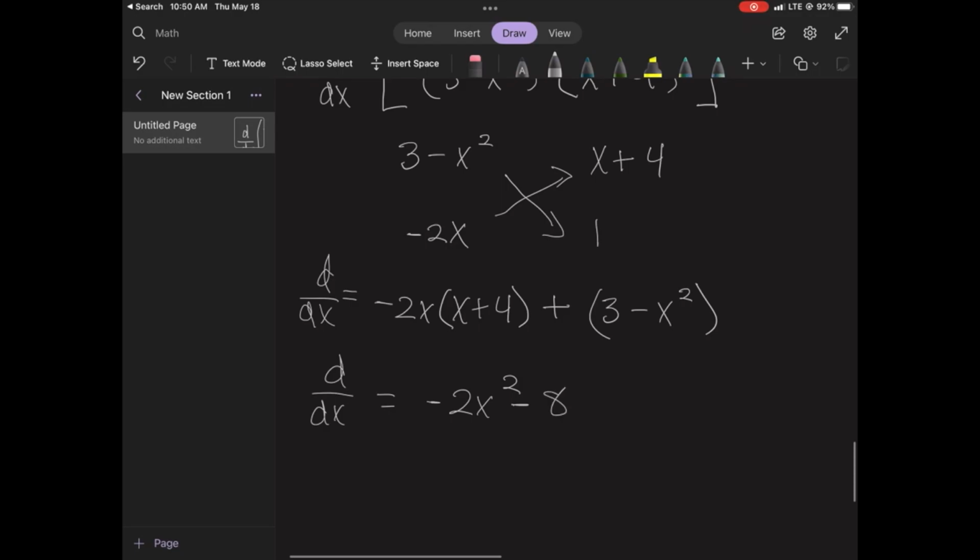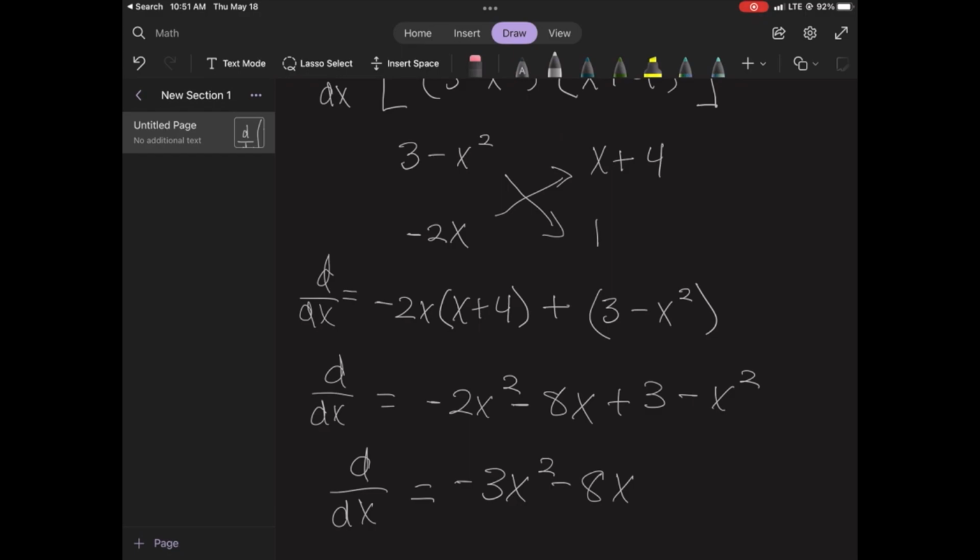So on the left side, you get negative 2x squared minus 8x, plus 3 minus x squared. And then you're just going to combine like terms, which will give us the final answer of negative 3x squared minus 8x plus 3.